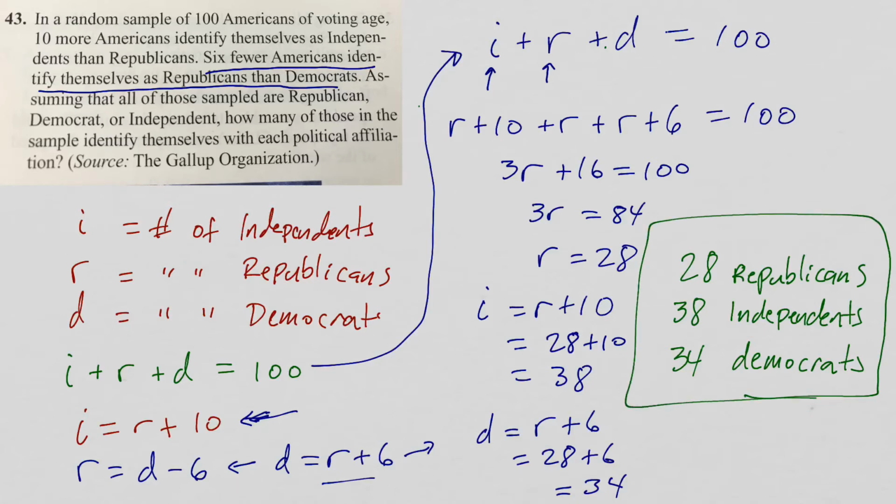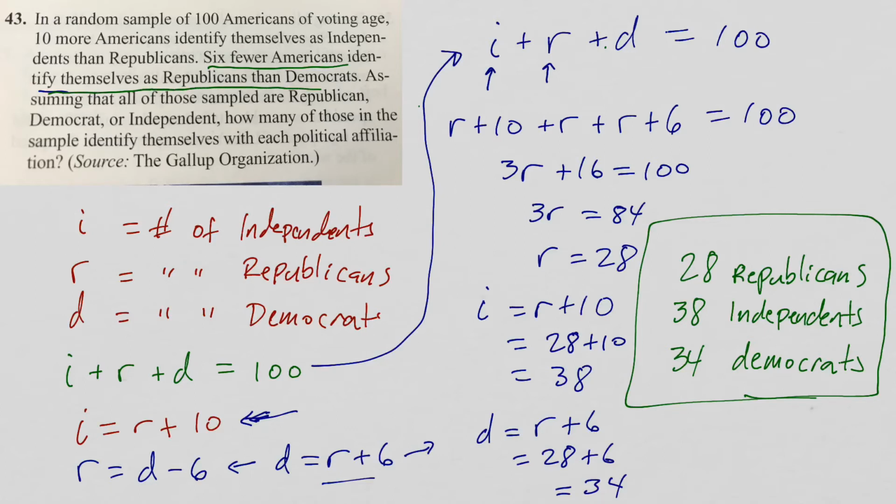Okay, in order to check this, first let's see if we have 100 voters. When we add up those three numbers, 28, 38, 34, we do get 100. And then, let's check the facts, are there really 6 fewer Republicans than Democrats?